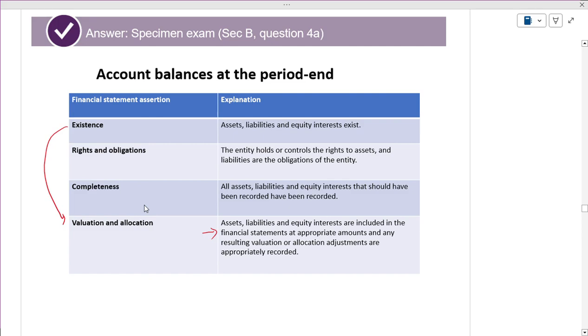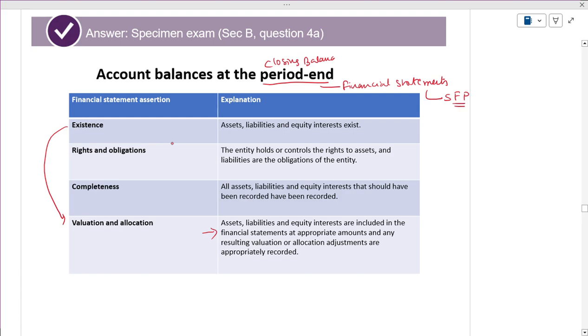See, accounting balances should exist. The account balances exist at the period end, which means closing balances. We are going to show them in the financial statements, in the statement of financial position.